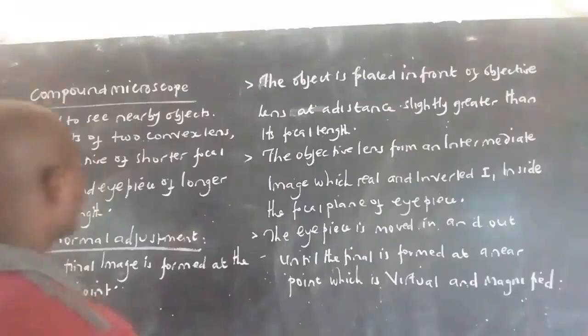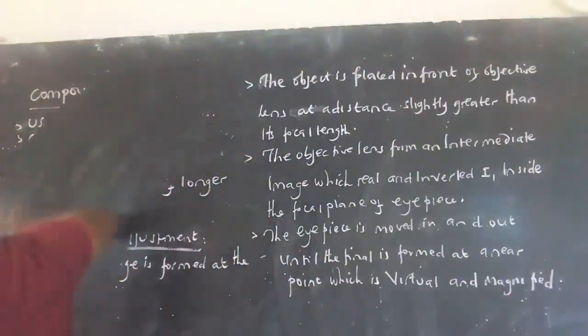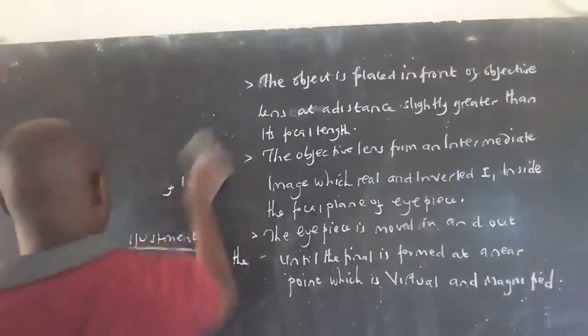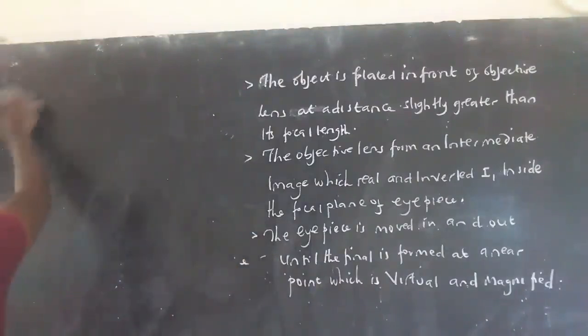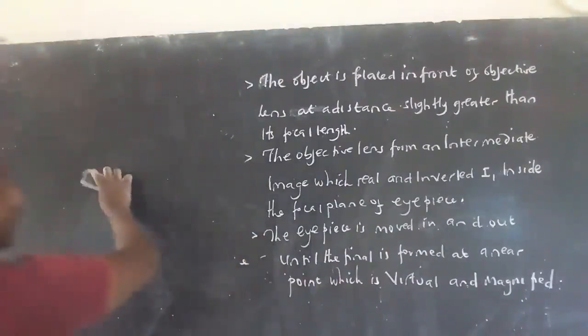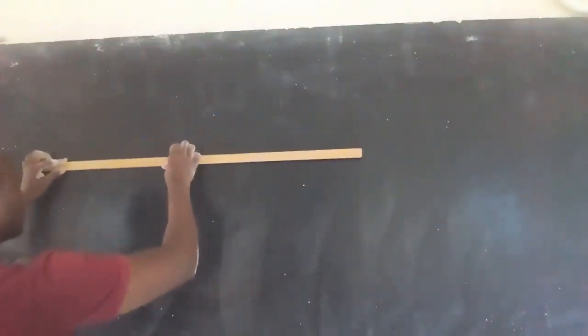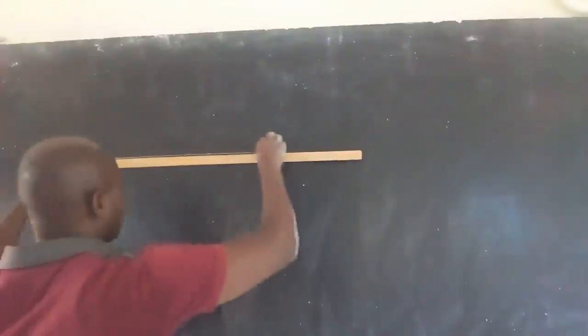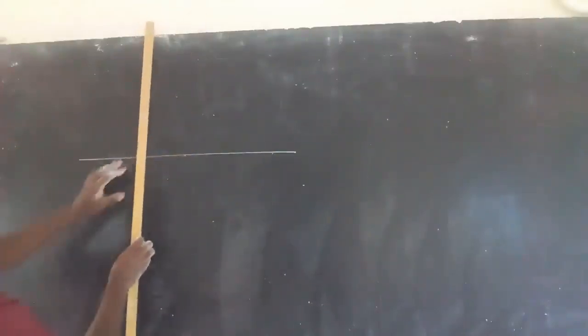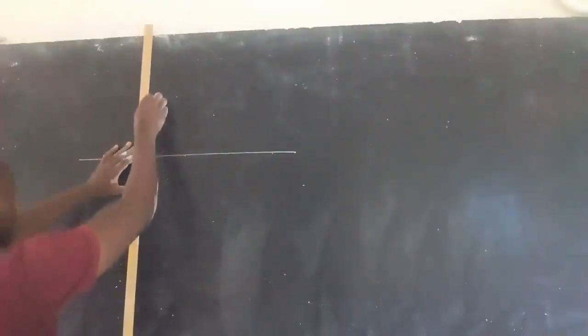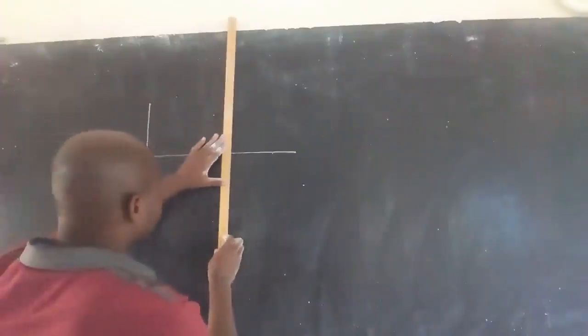So we're going to draw the diagram. Let me use the whole space. So this is what I talked about, that it has two converging lenses. There is the first lens here, and the second lens here.